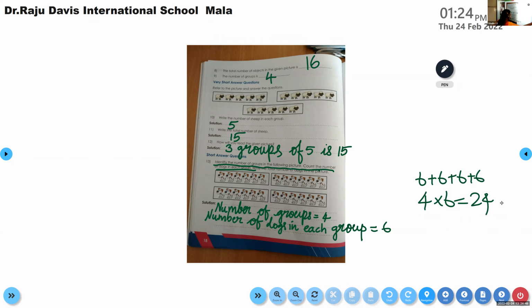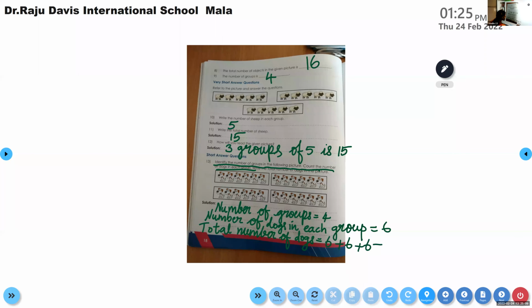So we can write the next line. Total number of dogs, 6 plus 6 plus 6 plus 6 is equal to 4 into 6 is equal to 24.